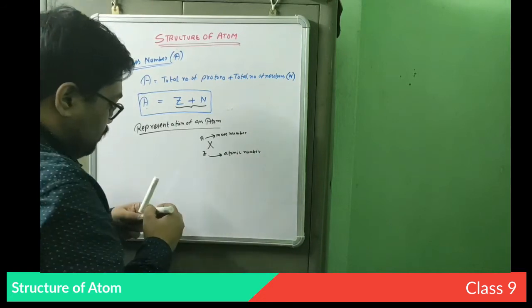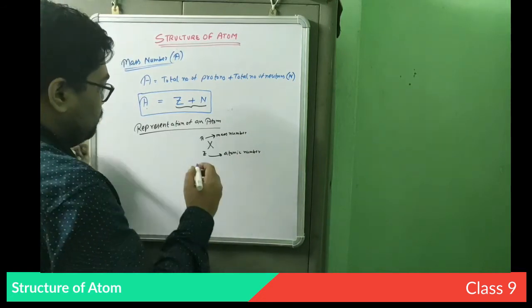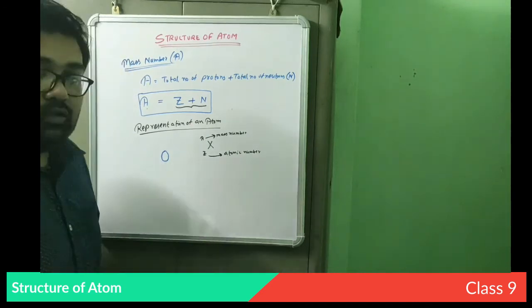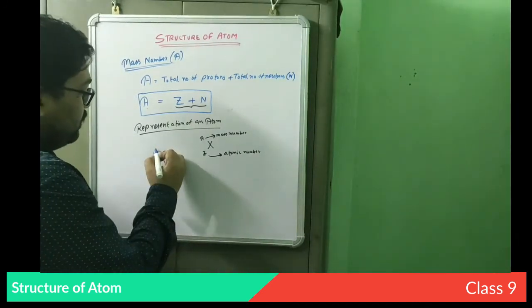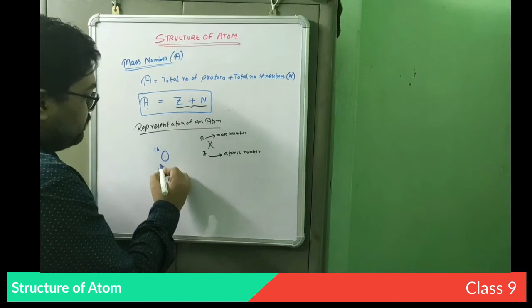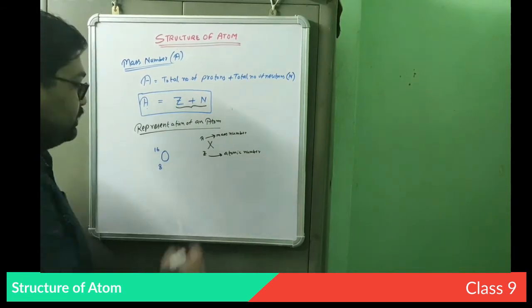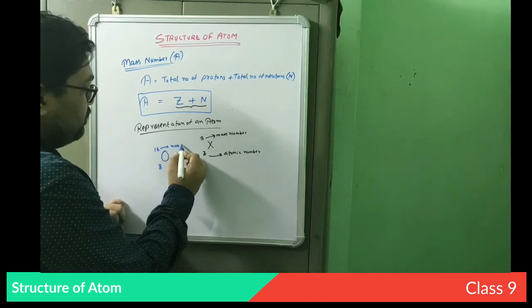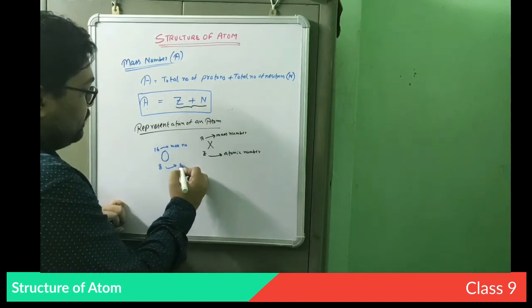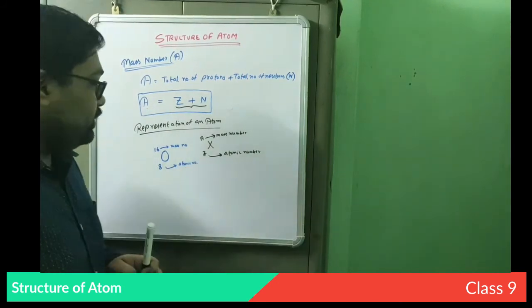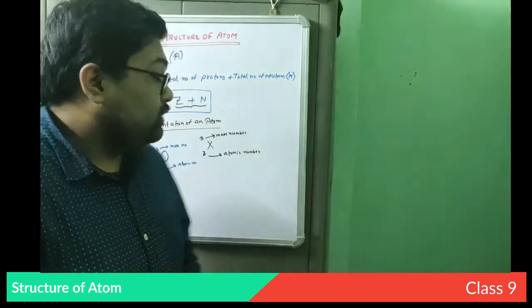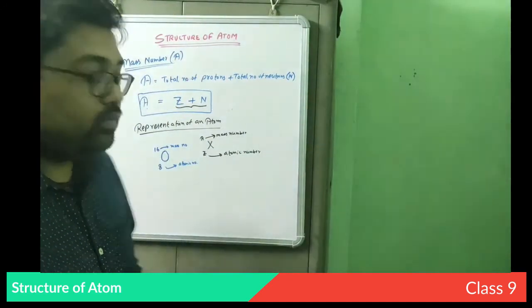Okay. So if I consider oxygen, how to represent this oxygen? We are writing 16 and 8. That means 16 is the mass number of oxygen, and 8 is the atomic number. So if I ask what will be the number of neutrons present in the atom of oxygen, what will be your answer?